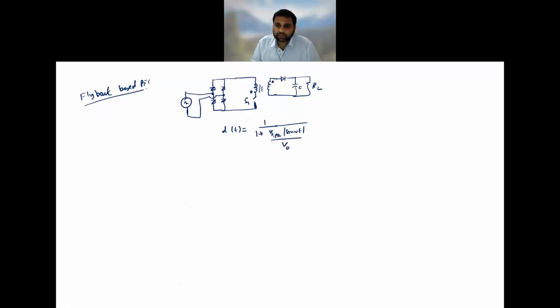And if someone has asked for the positive peak, that means my omega t is nothing but 90 degree. That implies my duty ratio is nothing but 1 by 1 plus Vs peak by V naught. And if someone has given your input voltage rating, that will obviously be in terms of RMS value.